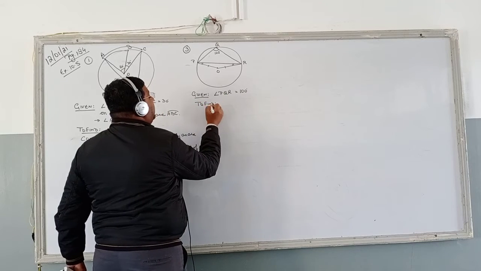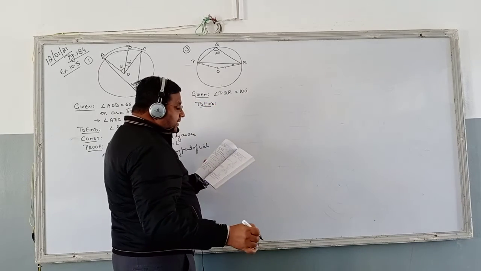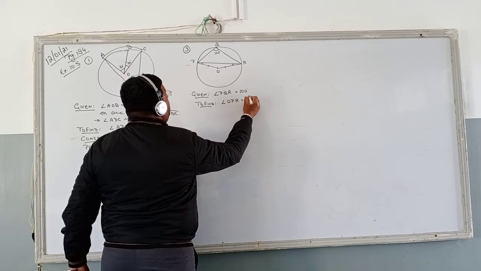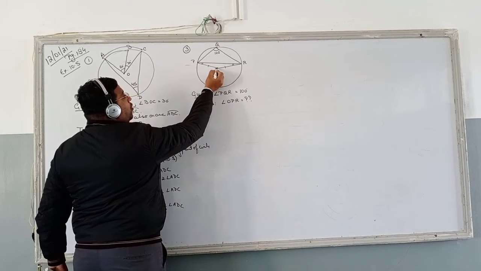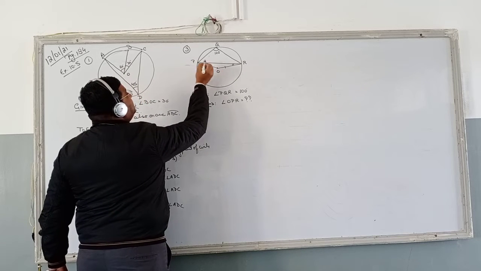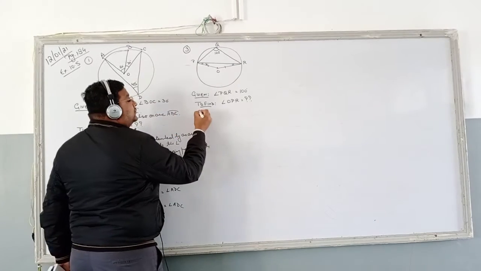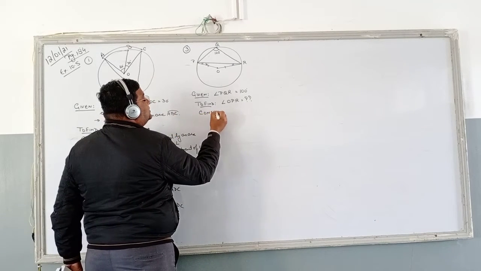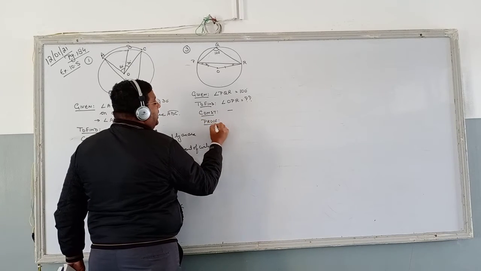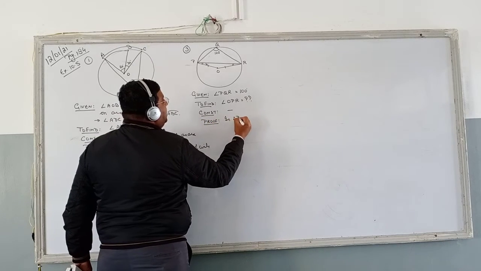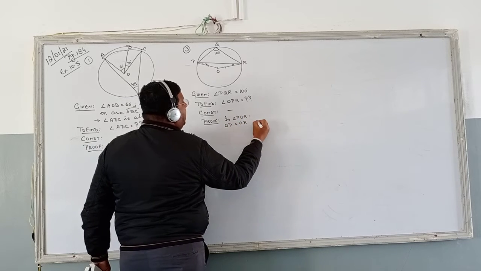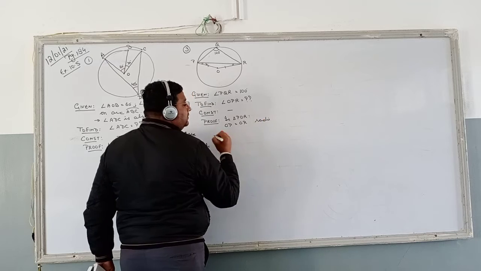We have to find angle OPR. Where is this OPR? Let us identify. This is the angle he wants us to find. I call it X. Now let us write down the construction and proof. In triangle POR, OP is equal to OR, that is the radii of the circle.